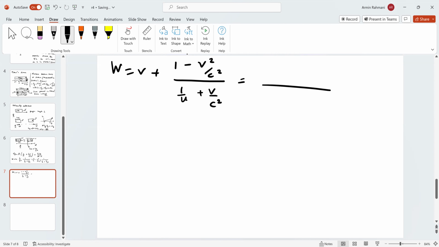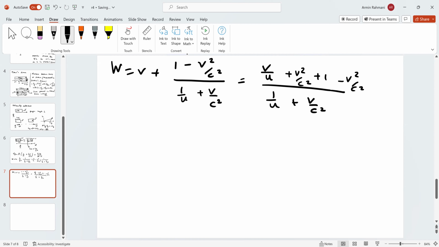So that becomes, again, I have this 1 over U plus V over C squared. V multiplying that is going to be V over U plus V squared over C squared, like V multiplying this, plus 1 minus V squared over C squared. So those cancel out. That's good.